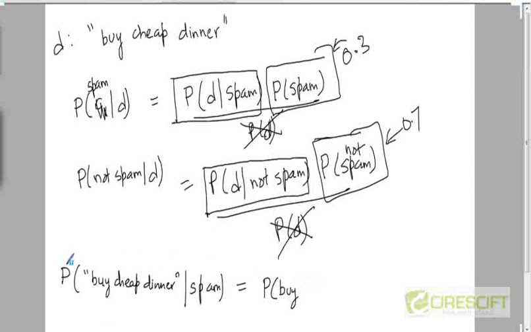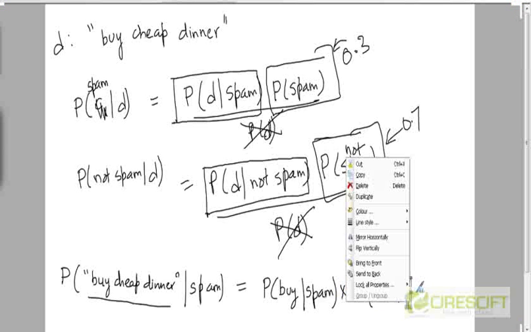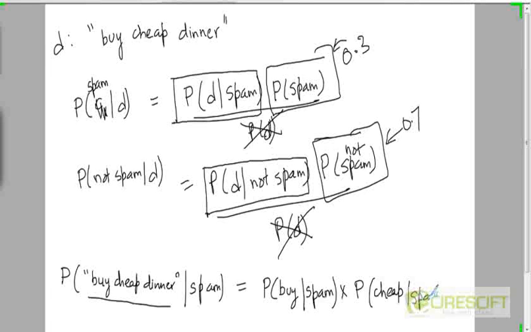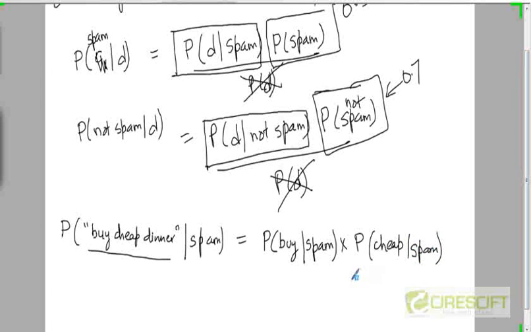Overall this is the probability that a random document generated from the spam class is exactly this one, buy cheap dinner. So this is the probability that the first word generated is buy, multiplied by the probability that the second word generated is cheap, multiplied by the probability that the third word generated is dinner.